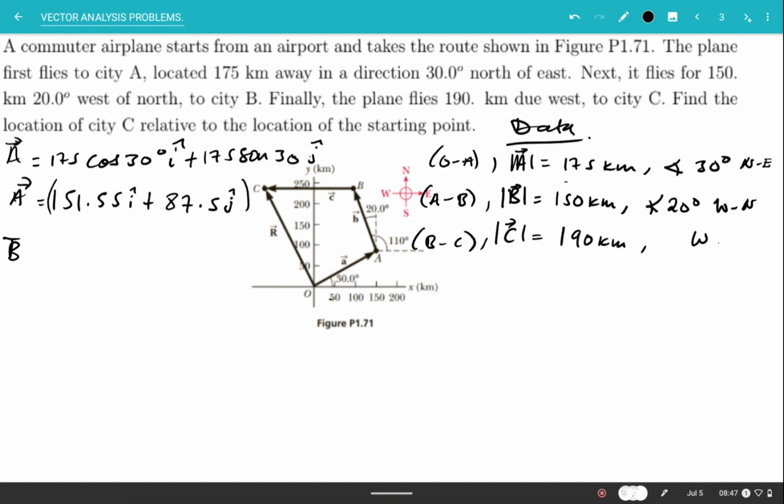So for B, I resolve B. B is 150 and an angle of 20.